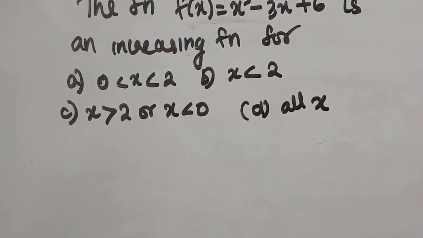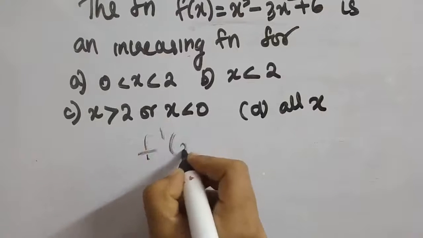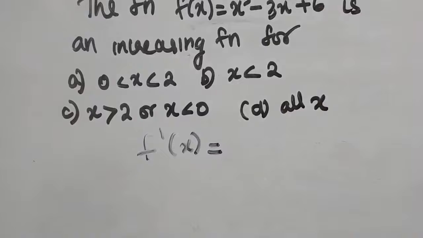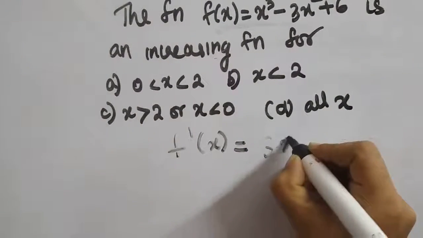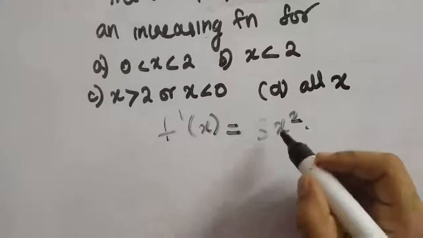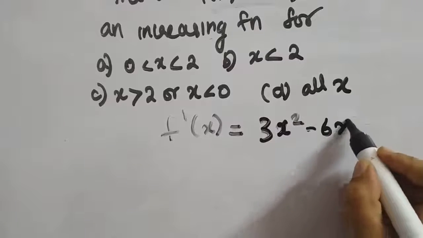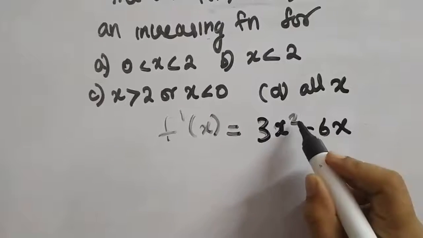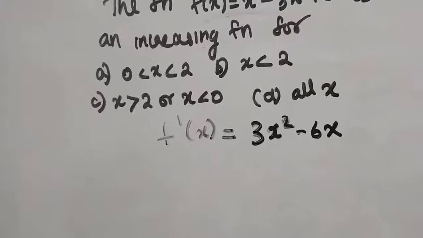For that, first of all, we have to find f dash of x. So the answer would be 3x square minus 6x. So that is the f dash of x.